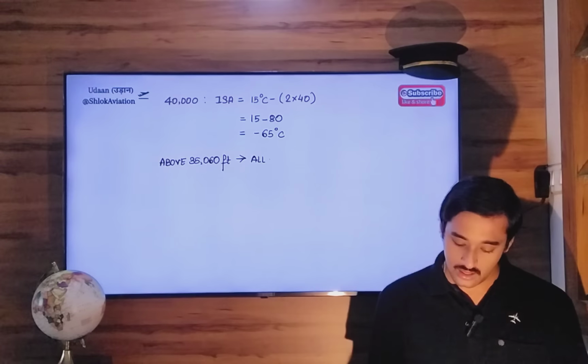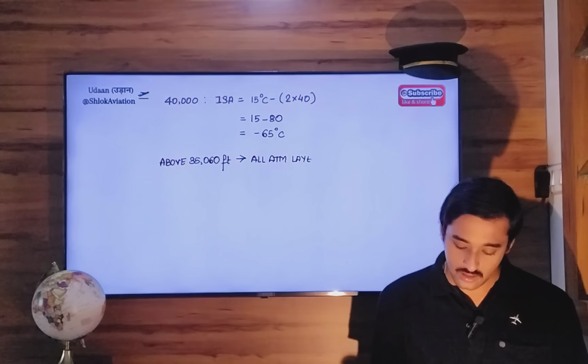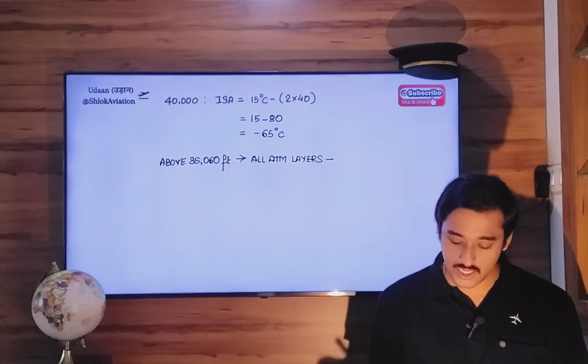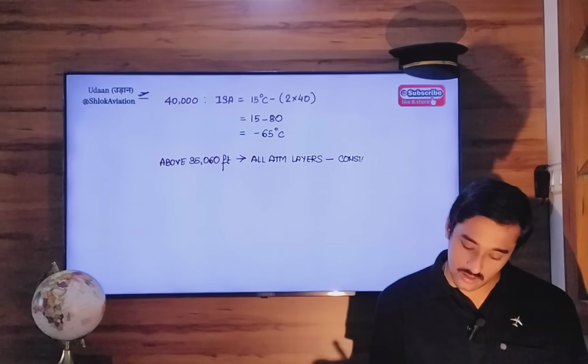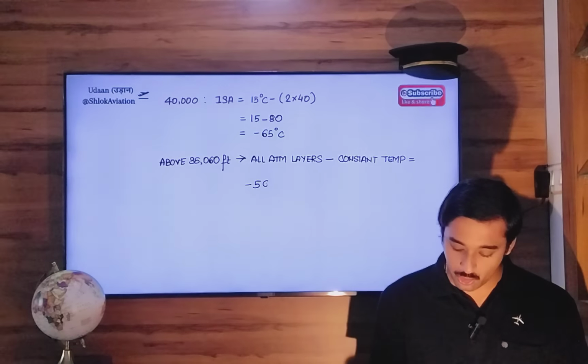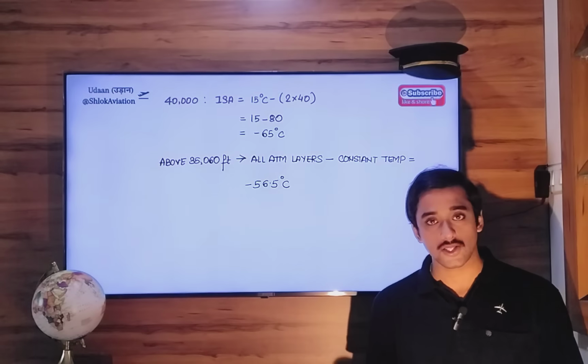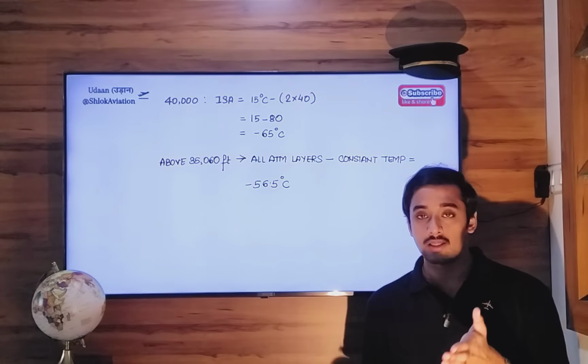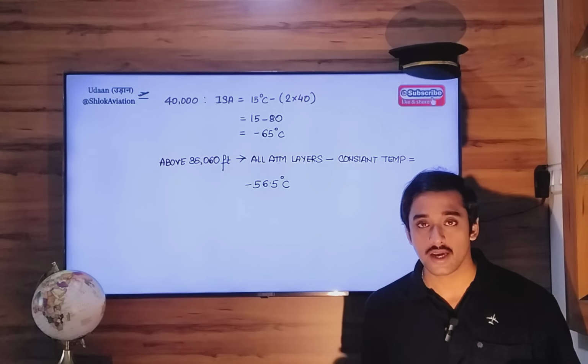That means above 36,000 feet, all atmospheric layers will have a constant temperature of minus 56.5 degrees Celsius, right? So 40,000 is above 36,000 feet altitude.